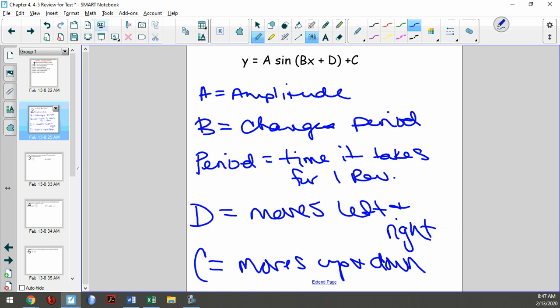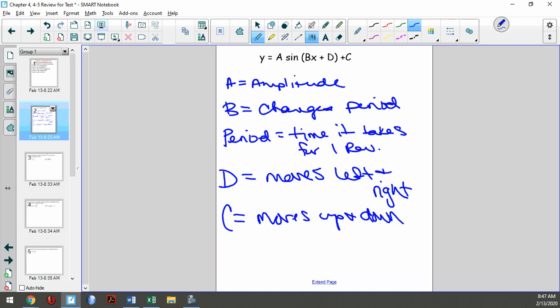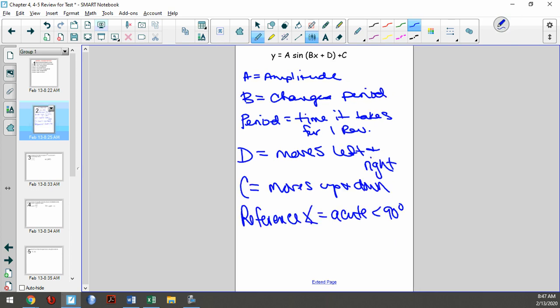What about a reference angle? What is a reference angle? A reference angle is an acute angle, meaning it is less than 90 degrees, and it gives all values of sine and cosine around the unit circle, right?